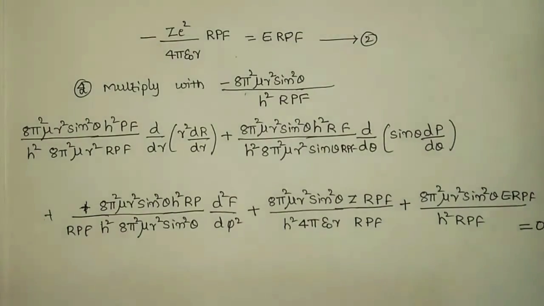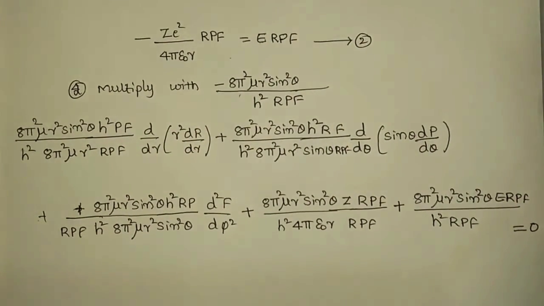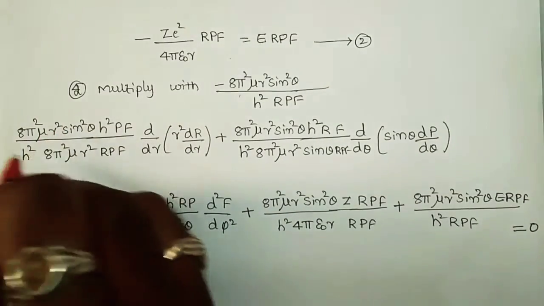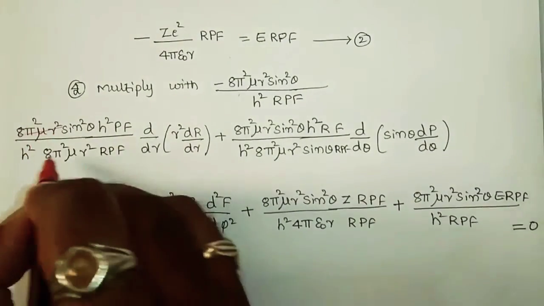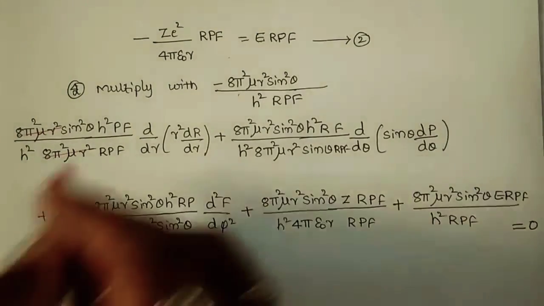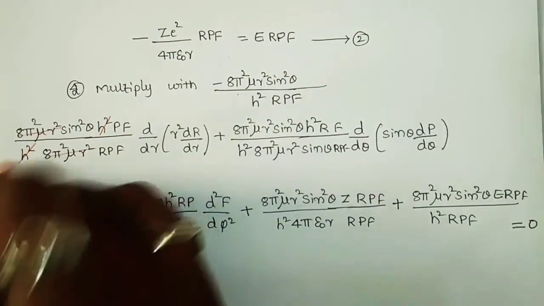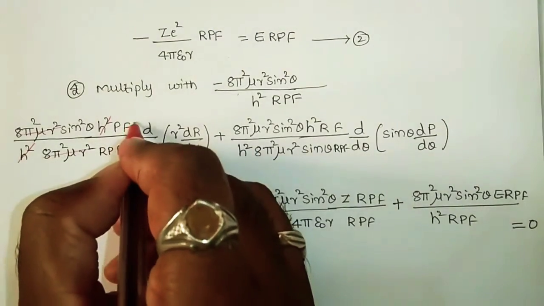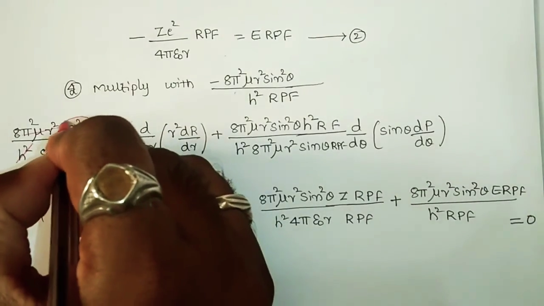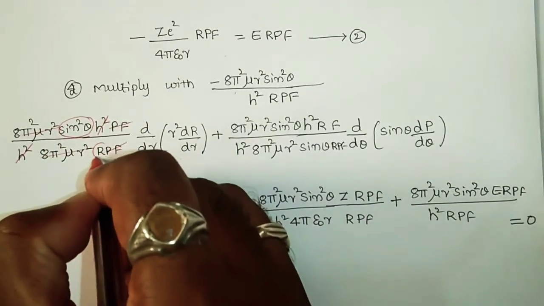So here the terms that are there in common. 8 pi square mu r square, 8 pi square mu r square will get cancelled. H square will get cancelled. pf will get cancelled. So we are left with sine square theta and r.